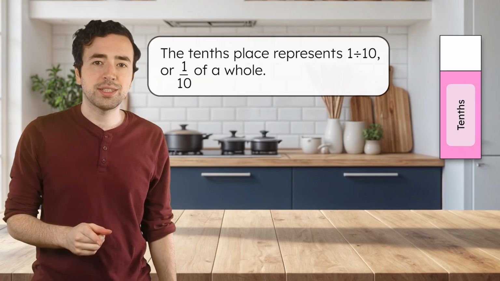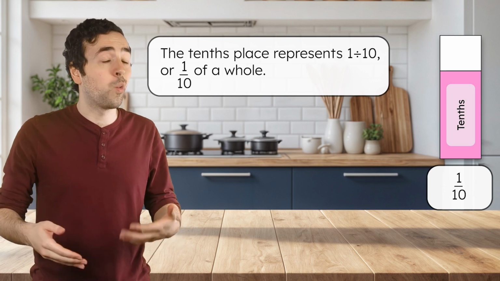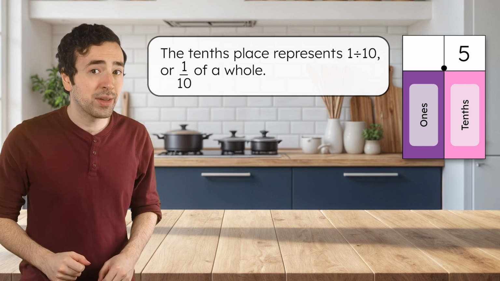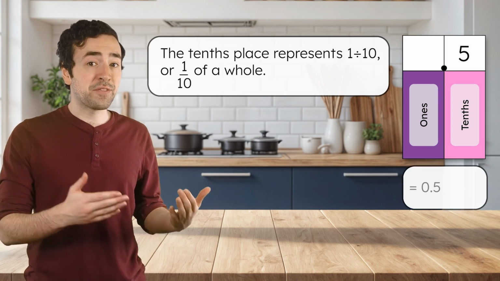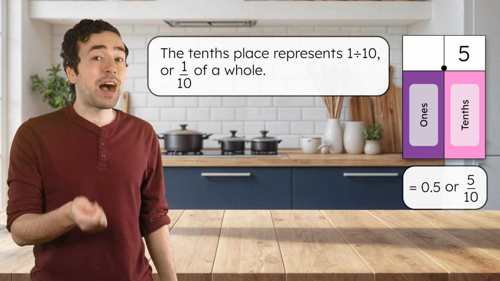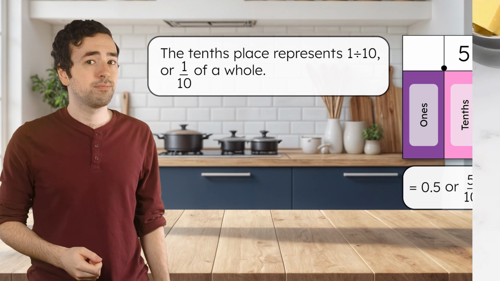The tenths place represents 1 divided by 10, or 1/10 of a whole. Since this digit is a 5, its value is 5/10, because it represents 5 pieces out of 10 equal parts of a whole.